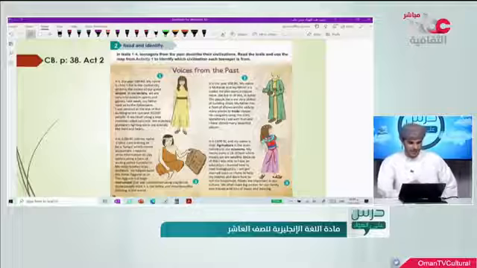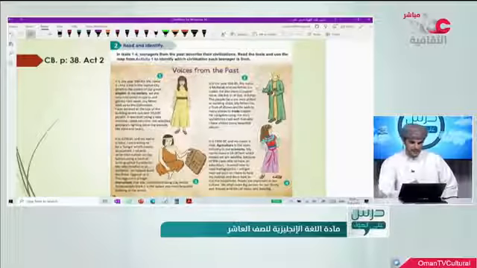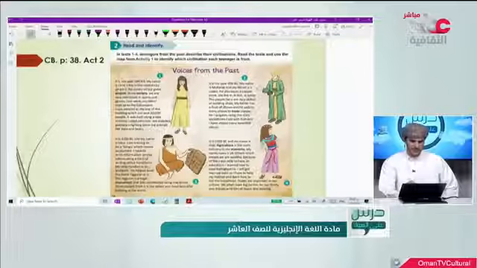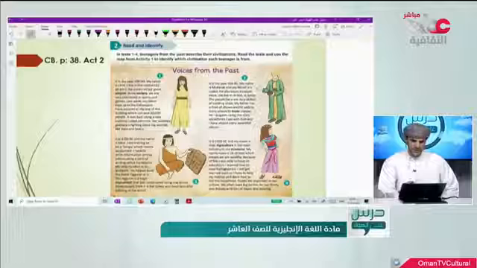2. In texts 1 to 4, we have here 4 texts. Teenagers from the past describe their civilizations. Read the texts and use the map from activity number 1, which is deleted, to identify which civilization each teenager is from.